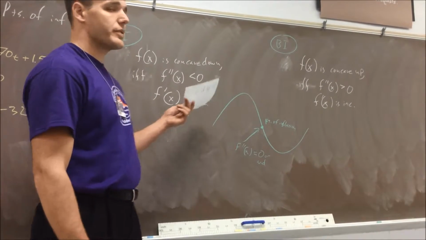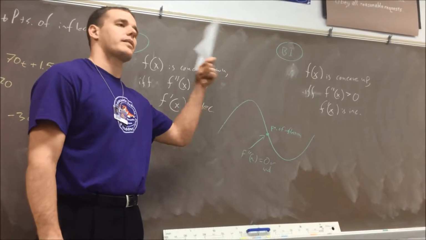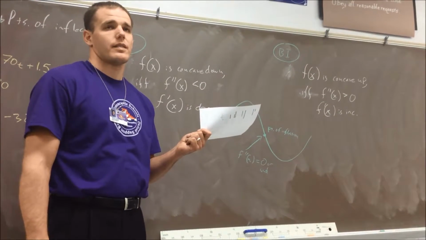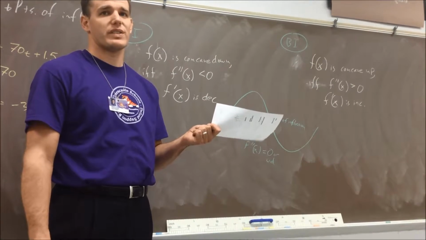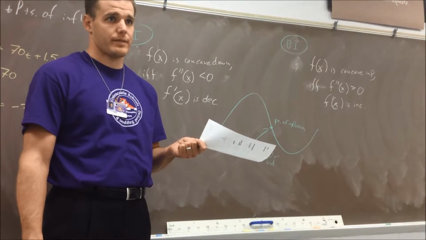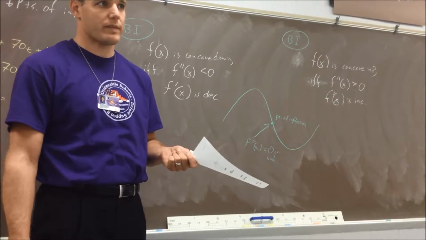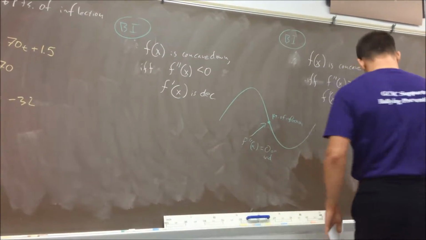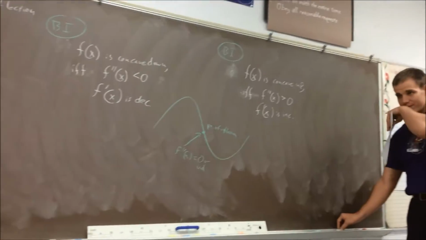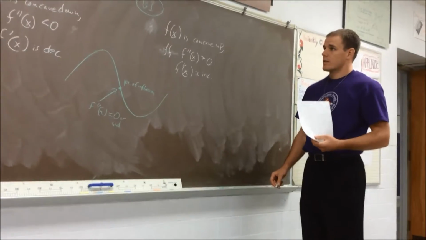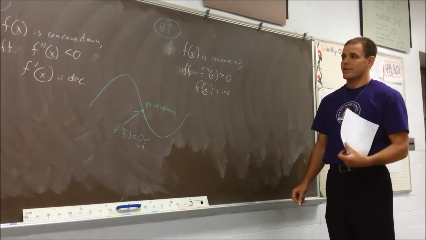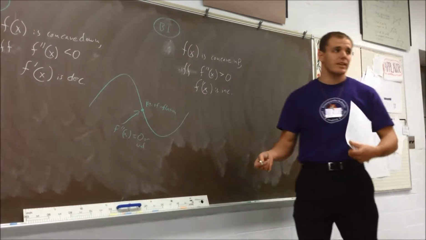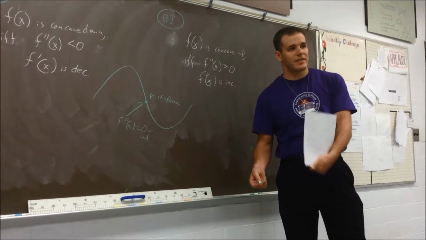So basically what we're going to do here is the same thing we just did with increasing and decreasing, okay? Except we're going to be using the second derivative. Not too bad. The tricky part will come in is when I just give you a graph of f prime and say, when is f concave up or concave down?